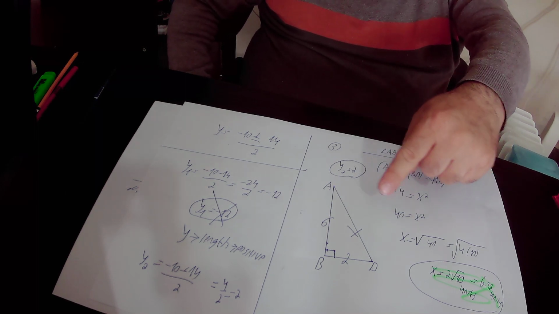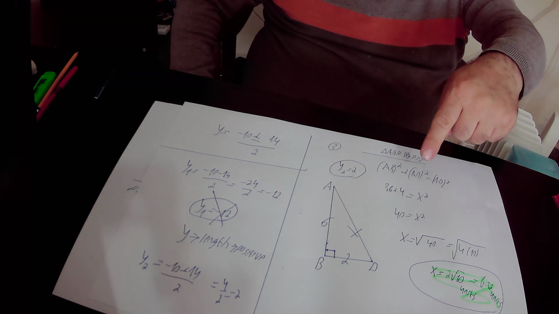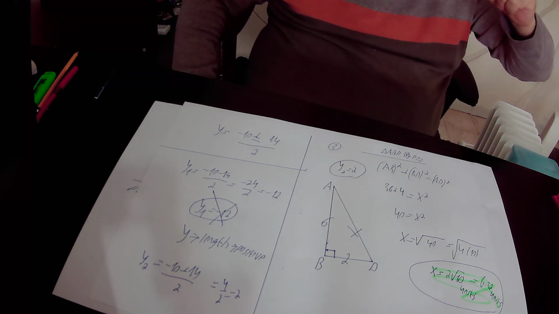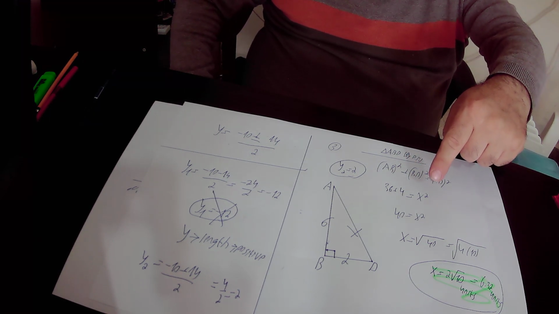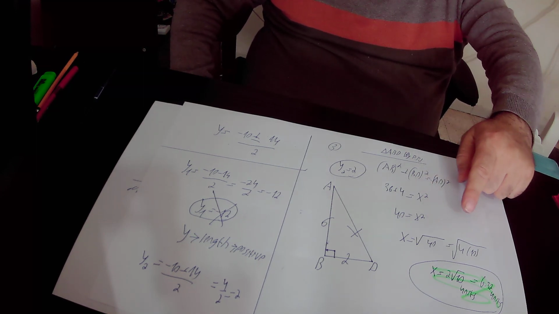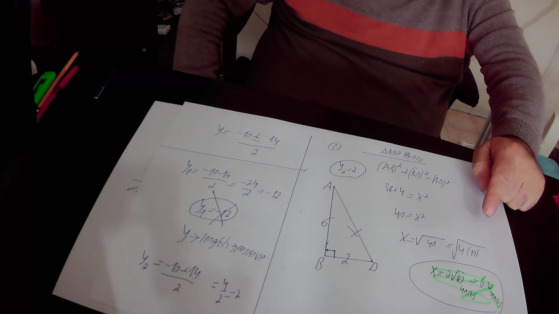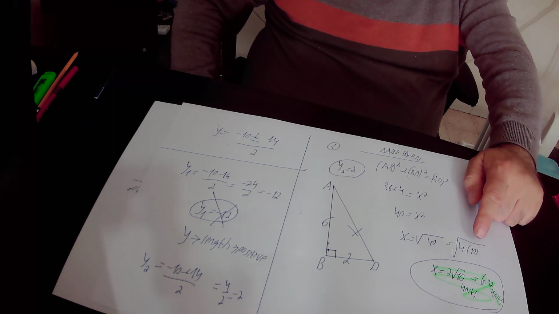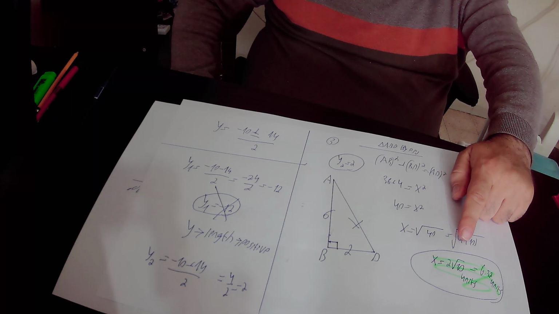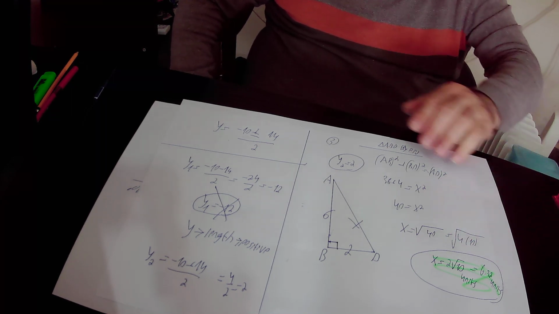AD equals x, so AD squared is x squared. So in conclusion, x squared equals 36 plus 4. That is to say, x squared equals 40. We took the square root of this equation and got that x equals the square root of 40, which equals 2 times the square root of 10 units. In terms of numbers, it is equal to 6.32 units.